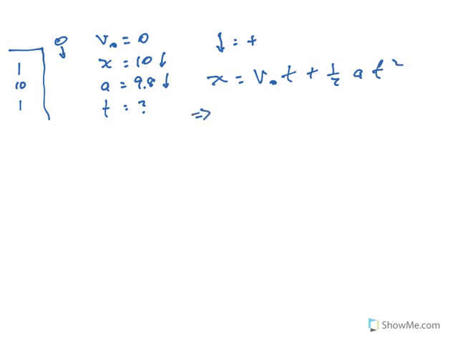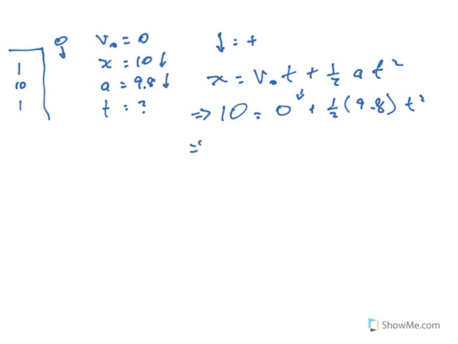X, I moved down 10, but down is positive, so that's a positive 10. V naught, 0, plus 1/2 a, downwards 9.8, so it's positive, t squared. By the way, notice I didn't write the t here. That's because it's already 0. 0 times anything is 0, so there's no point in writing it.